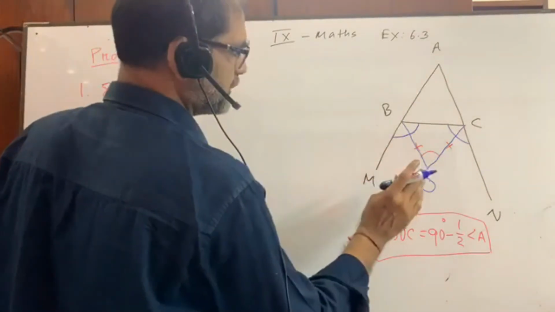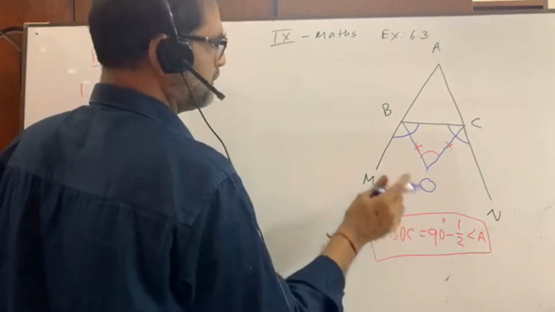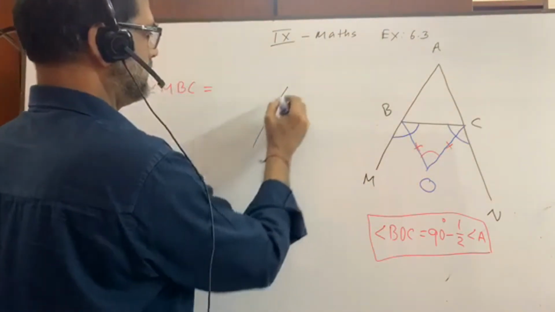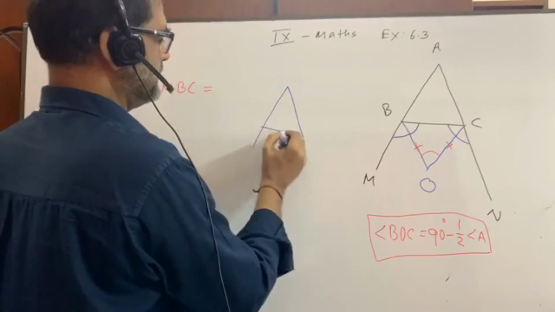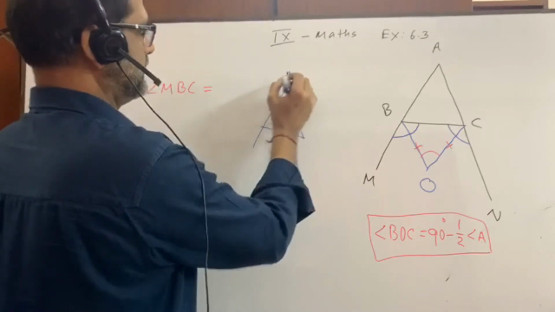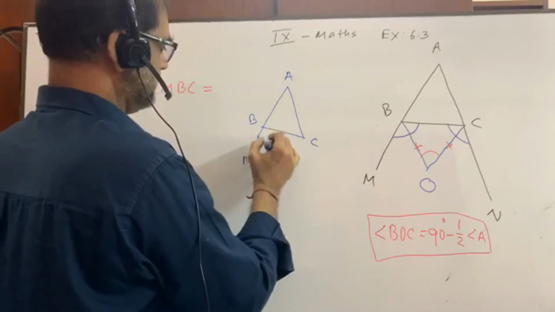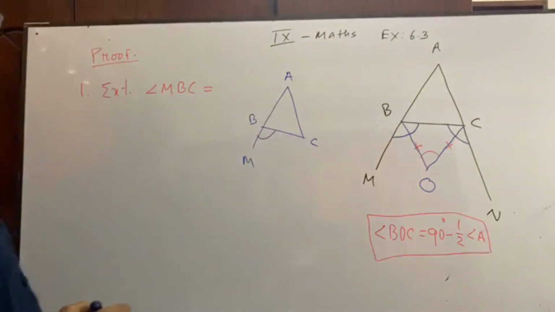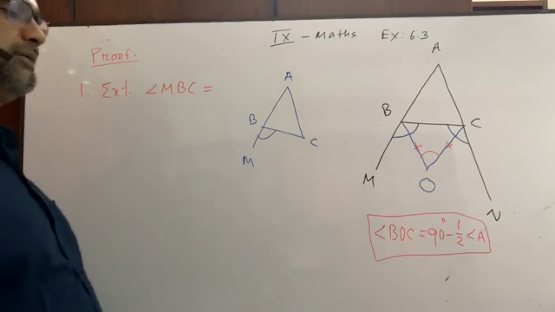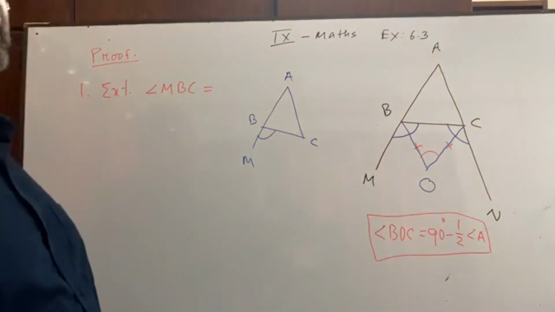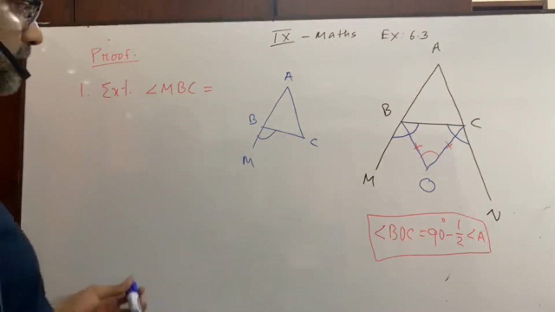Suppose this is A, this is B, this is C, this is M. Then this angle is an exterior angle of the triangle ABC, which is equal to the sum of the opposite interior angles.